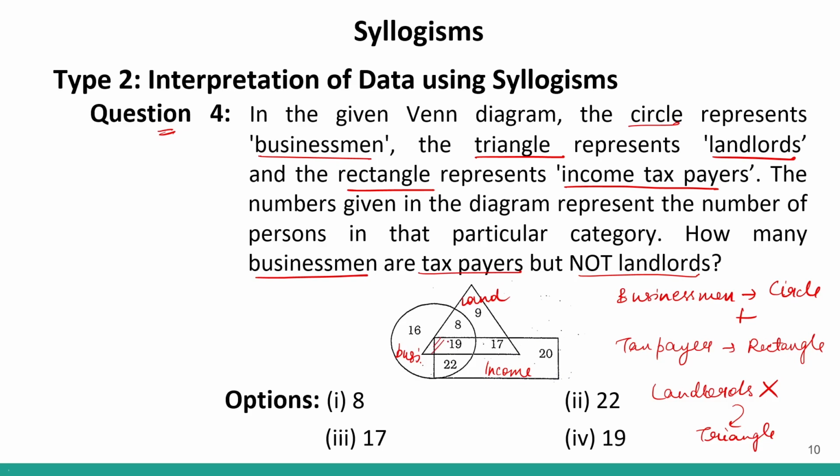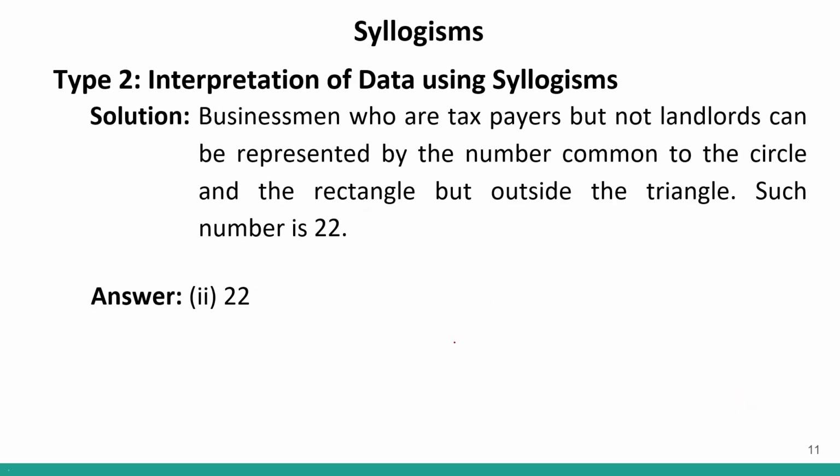So over here I have circle, I have rectangle, but I do not have the triangle. So this area is 22. So basically there are 22 businessmen that are taxpayers but are not landlords. So my answer will be option number 2, 22. Okay.